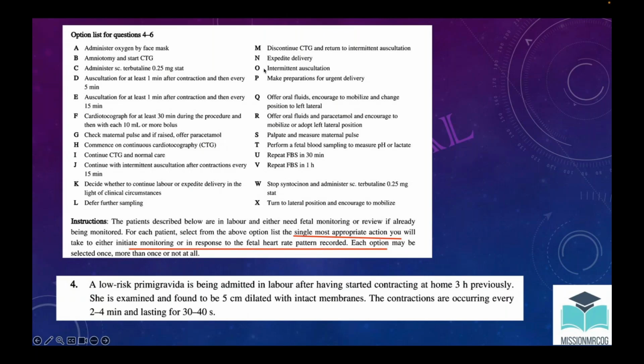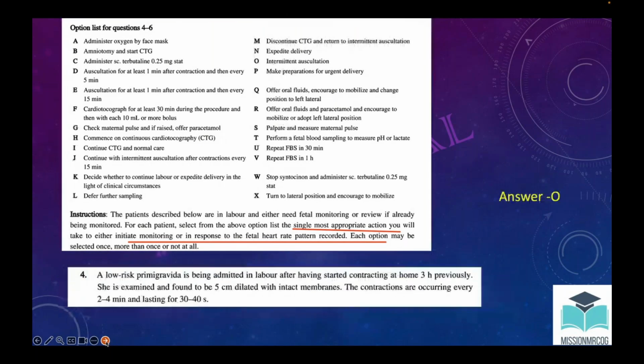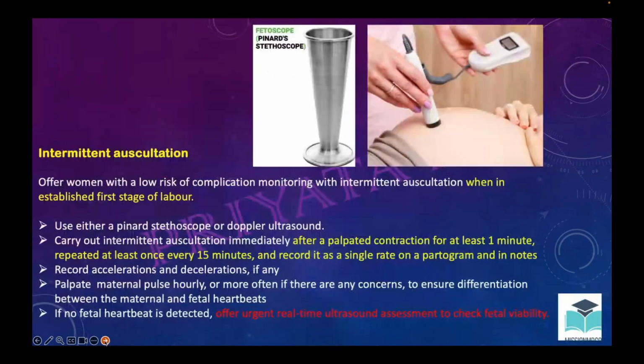Because you can see she's progressing fine, contracting fine, so you have to do intermittent auscultation. This is about the fetal monitoring guideline. Intermittent auscultation can be done usually with a Doppler, Pinard, or a stethoscope.